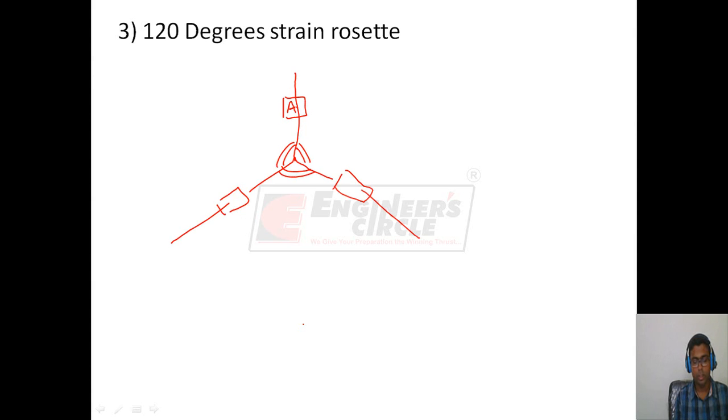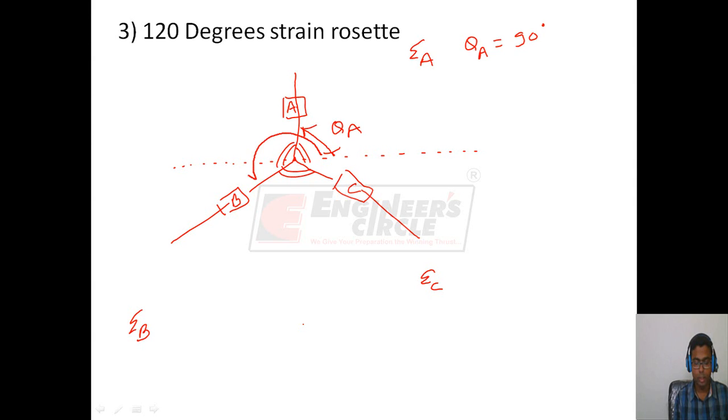So we call this strain gauge A, this is B, and this is C. Strain gauge A will give us epsilon A, strain gauge B will give us epsilon B, and strain gauge C will give us epsilon C. Remember that theta is to be measured from horizontal, positive in counterclockwise direction. Therefore, epsilon A will be given by theta A, and theta A here is equal to 90 degrees, and theta B is equal to this angle.